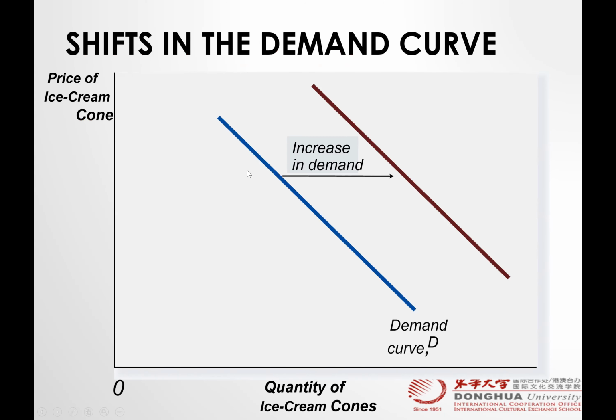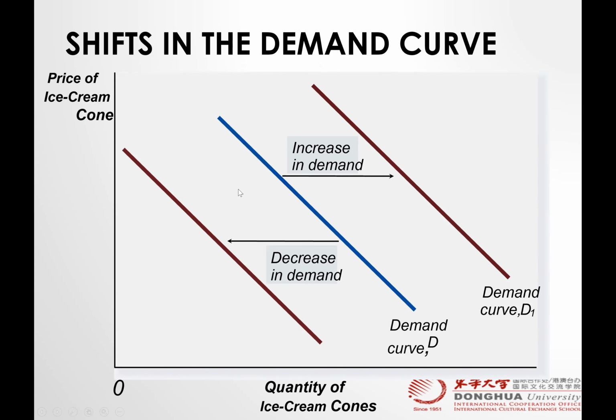If we see that the quantity demanded has decreased and the price is the same, then we see a new demand curve which is on the left side. So we can say that if there is an increase in demand and the reason is not price, it means the demand curve will be shifted to the right. Shifted to the right.